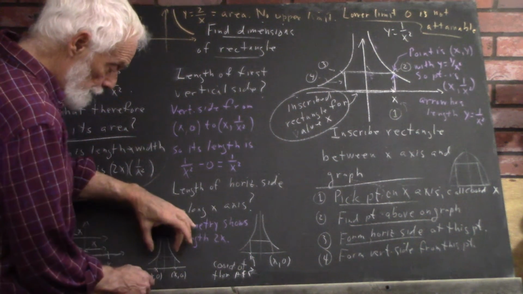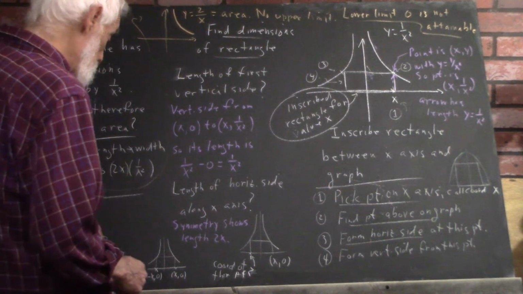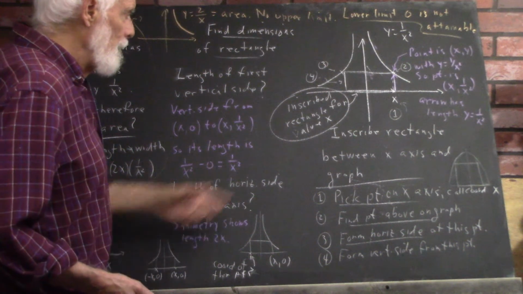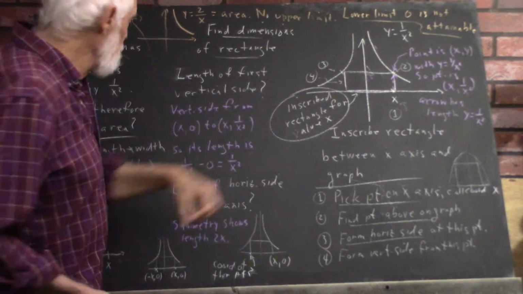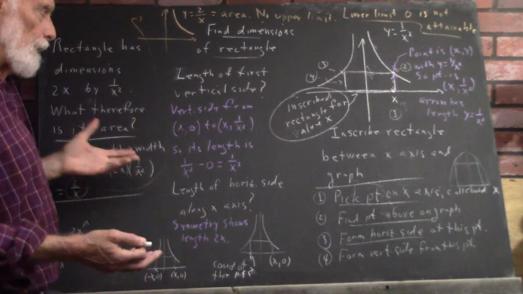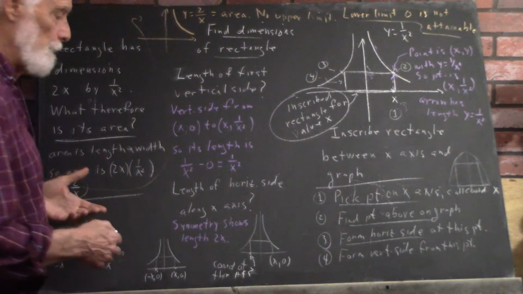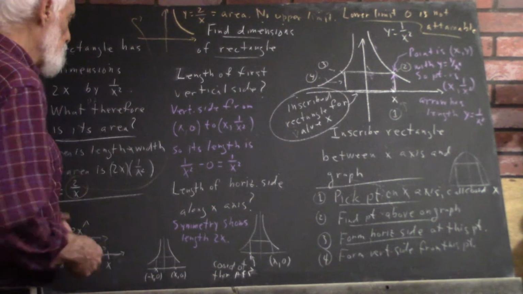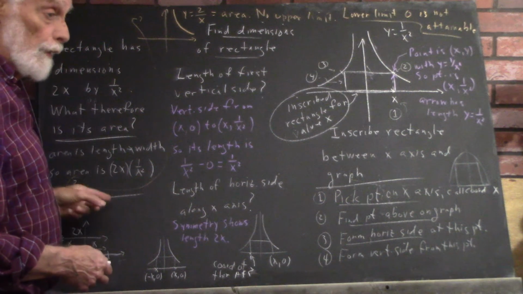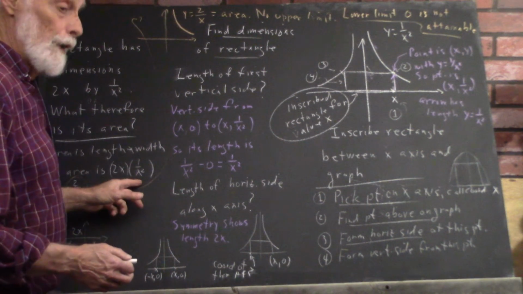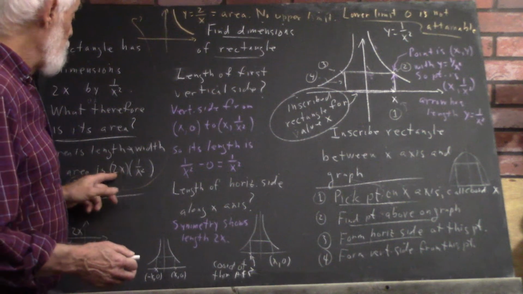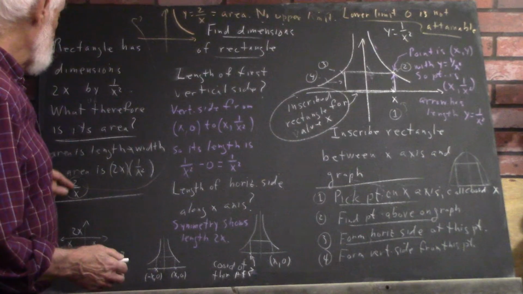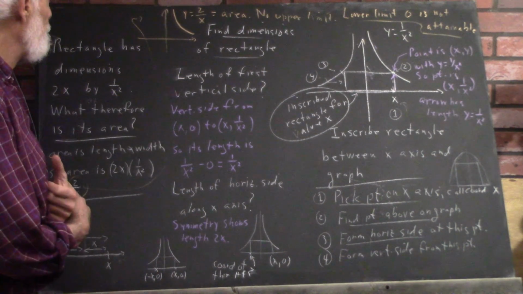Whereas this rectangle is longer this way than it is this way, at least the way I've drawn it. So you don't know which one's going to be the length and which one's going to be the width. That depends on the value you choose for x. But either way, if you multiply 2x by 1 over x squared, the area is going to be the same either way. If you multiply these, you get 2 over x. And that's the area of the rectangle.